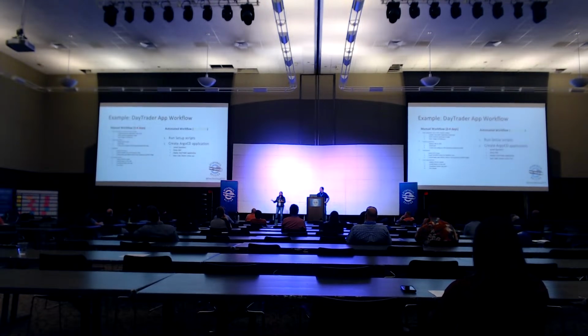So this is an example of a manual workflow. I talked about different applications, so this takes JTrader as an example. On the left is the manual workflow. For a person who is not very familiar with the app, it can take up to 2 to 4 days, starting with building the application, creating the container image, pushing it to the registry, then deploying the prereq like DB2, then deploying it to an OpenShift or Kubernetes cluster, and then running the stress again.